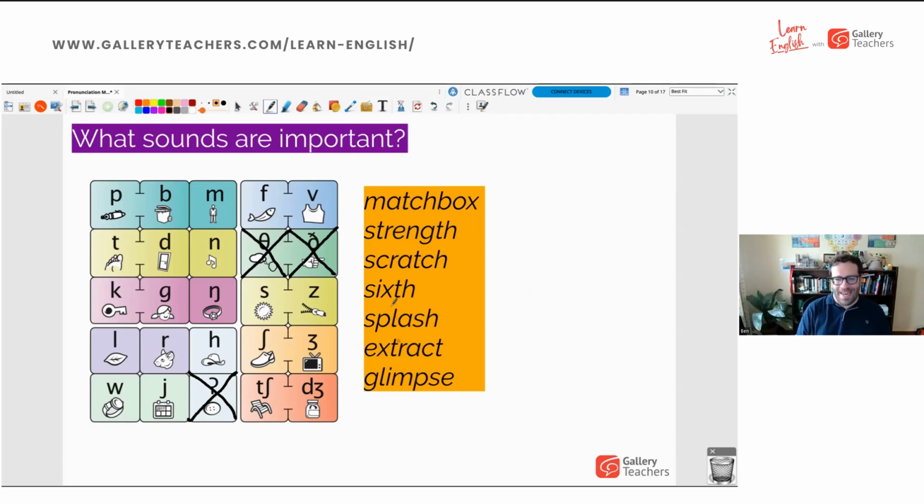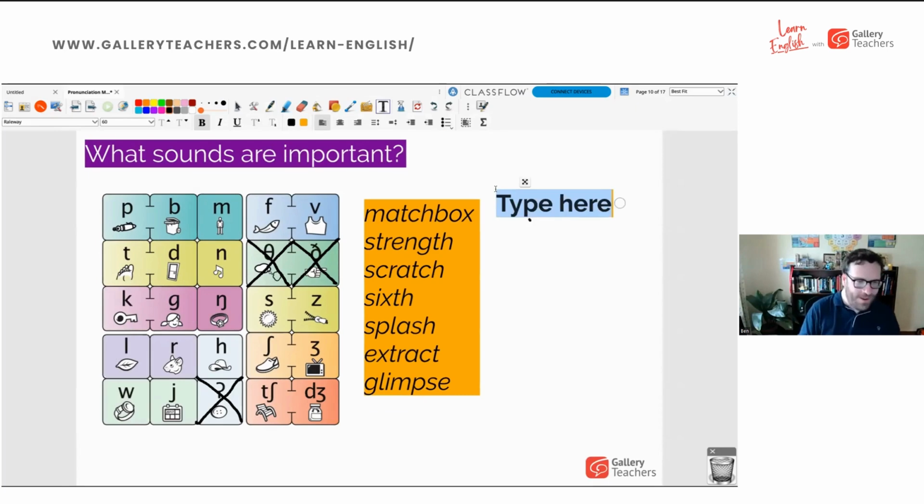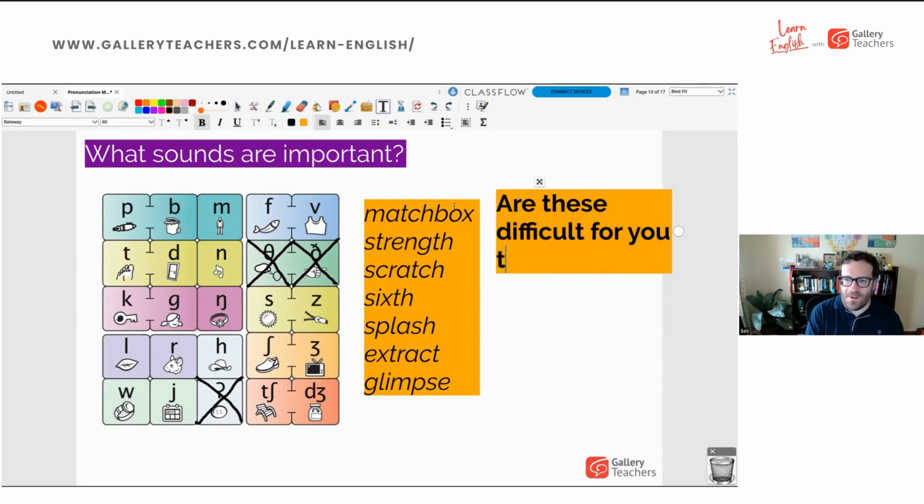Look at these 7 words. I'm going to ask you 2 questions about these words, okay? Write your answers in the chat box. So question 1, are these difficult for you to say?